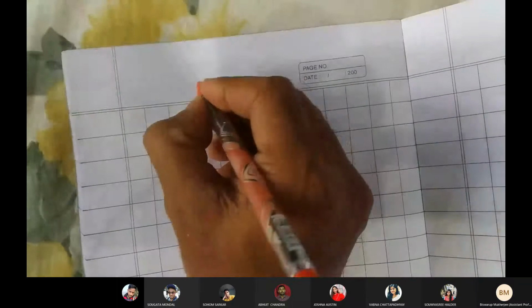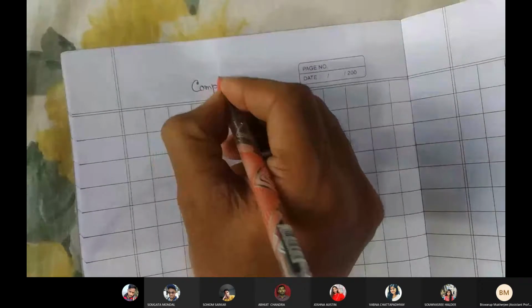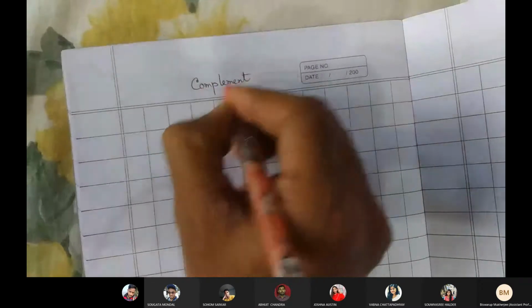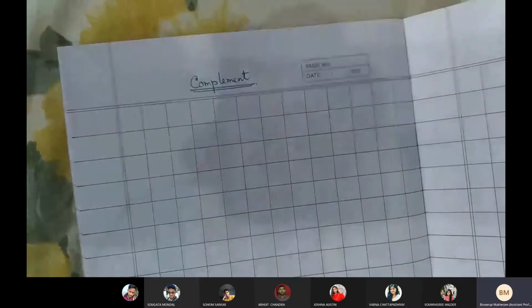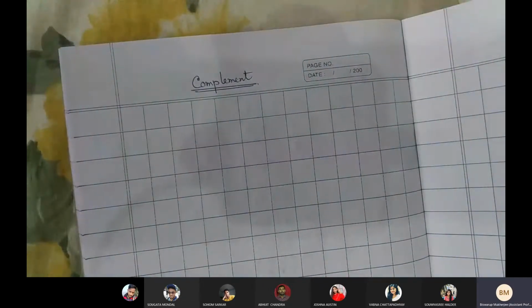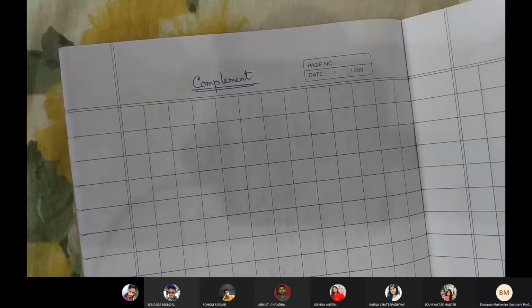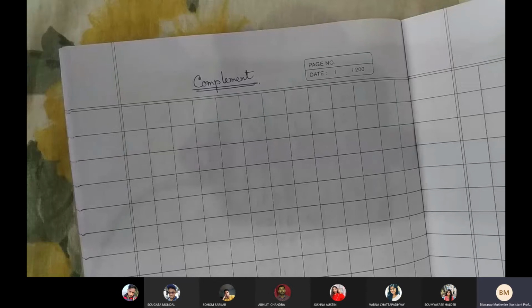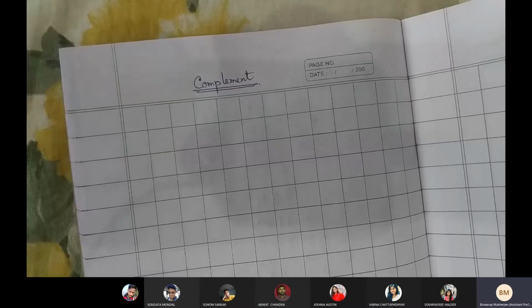Let us come to the next one called complement. What does it mean? In Bengali, it's called Poripurak, the opposite term, you can say. So what is that? Suppose we are having a number, single digit.